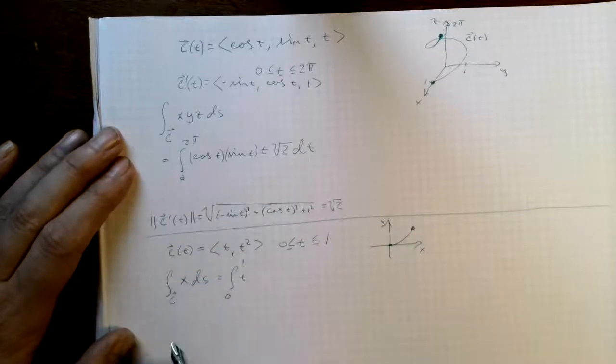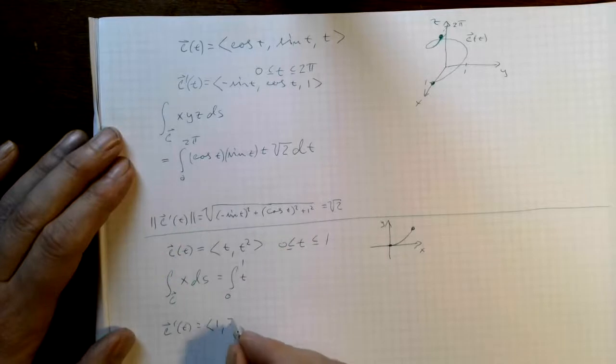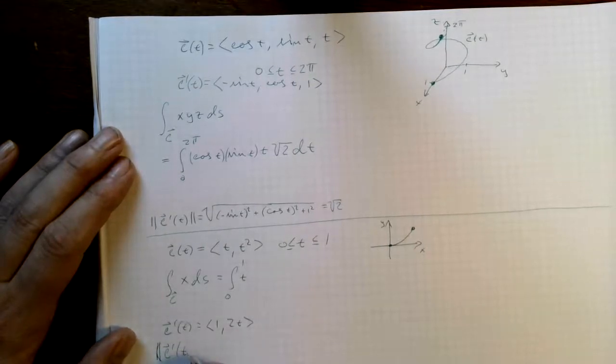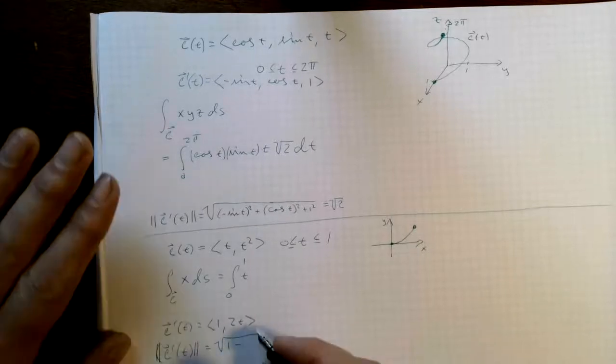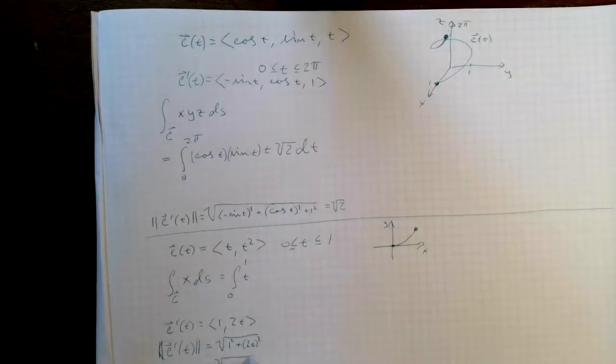Well, there's nothing else. Now I need the speed. So first the velocity is (1, 2t). So the speed is the square root of 1 squared plus (2t) squared, so the square root of 1 plus 4t squared, right?